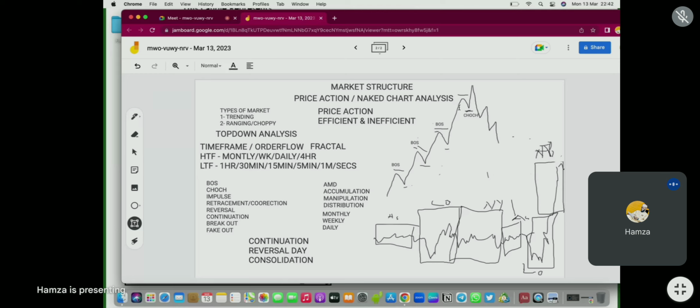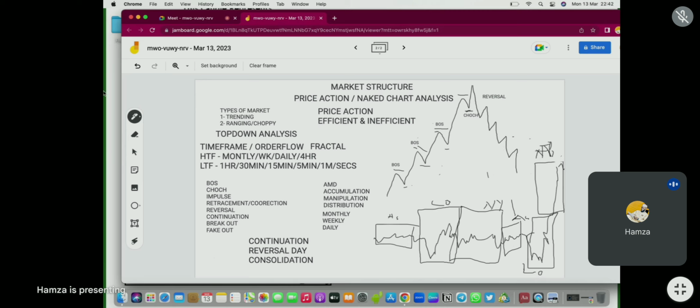So whenever you have a CHoCH, what it is signaling is a reversal. Why? Because initially the trend was bullish, but now we have a reversal. So instead of a bullish trend, we're now having a bearish trend. So this is how a reversal comes to play.